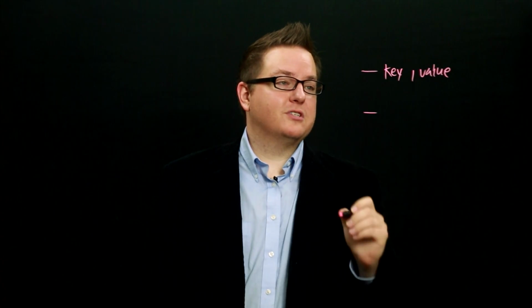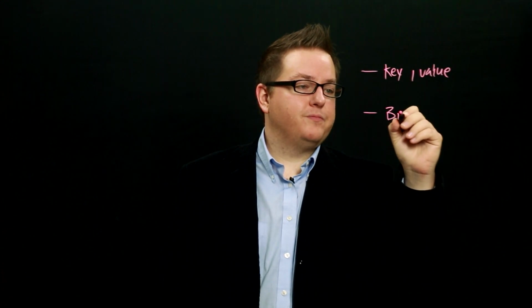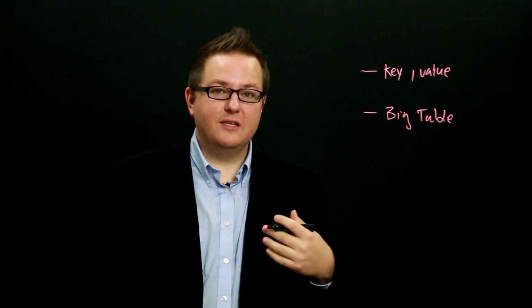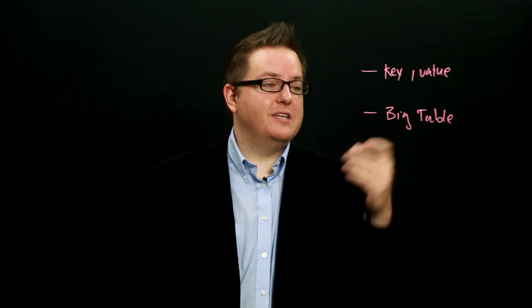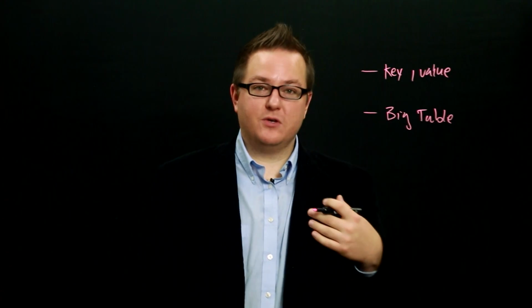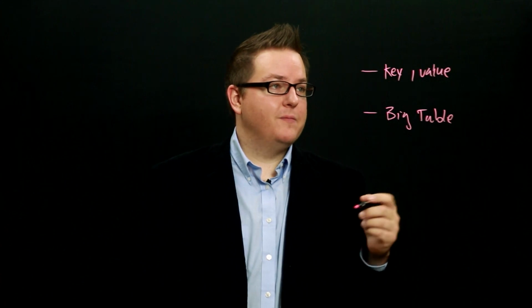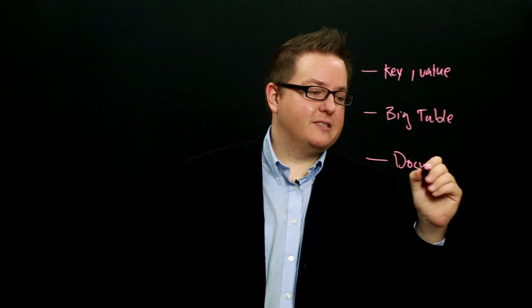Another type or style of databases is ones that look like Google's Big Table. And these provide some greater capabilities in terms of the querying and structure and layout of the databases. And there are a number of open source alternatives that provide capabilities very similar to Big Table. Another type is document-oriented databases.